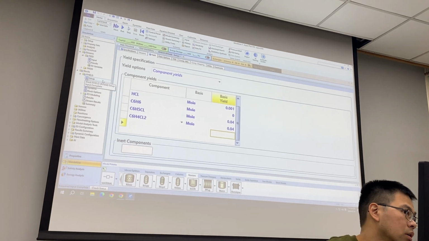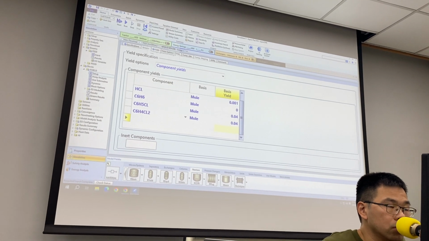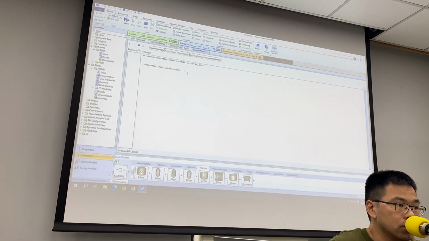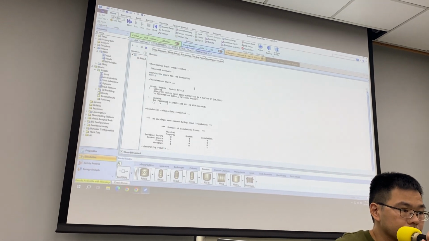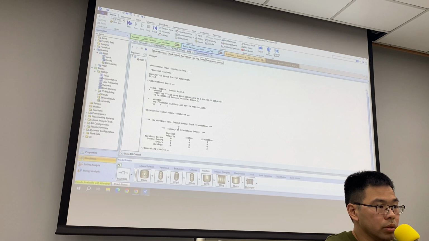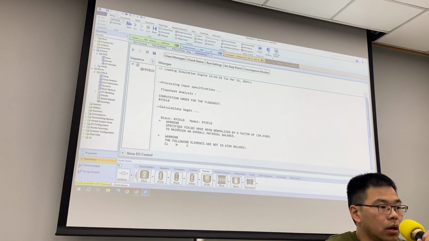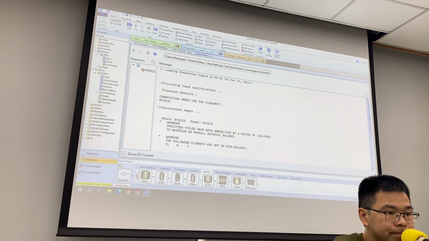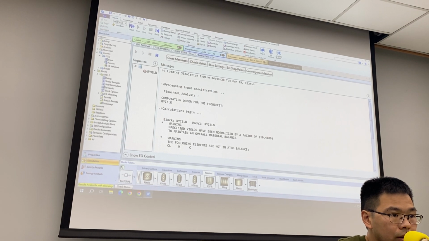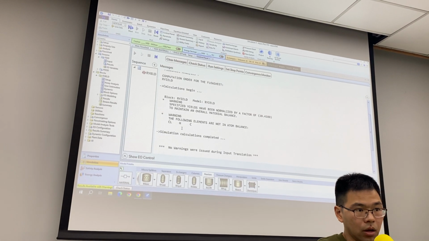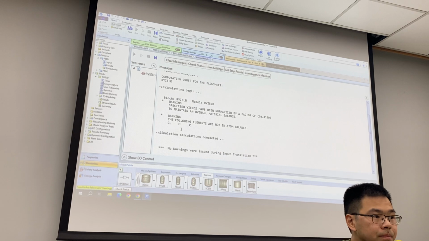And then you can execute the simulation. Again, it shows you a warning, and try to read what the warning is for.